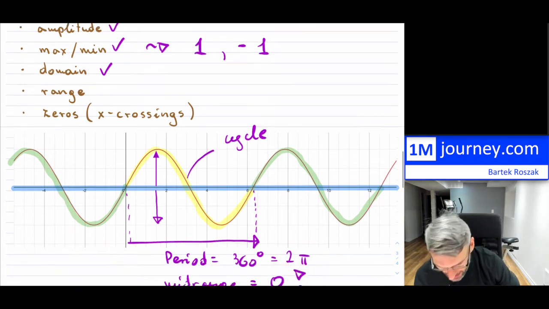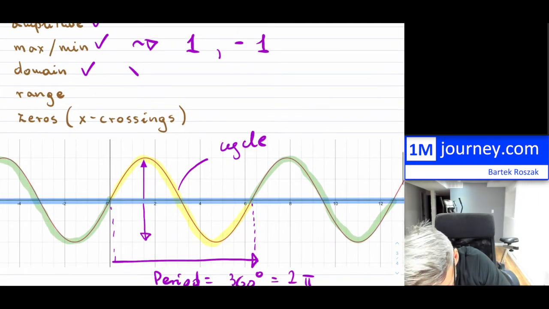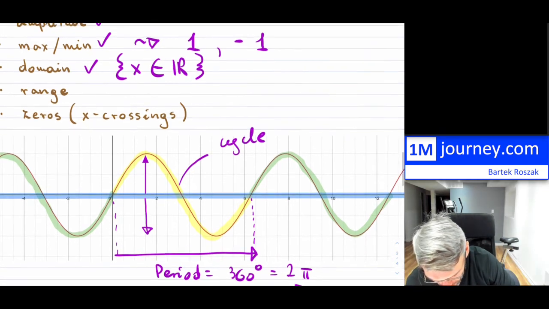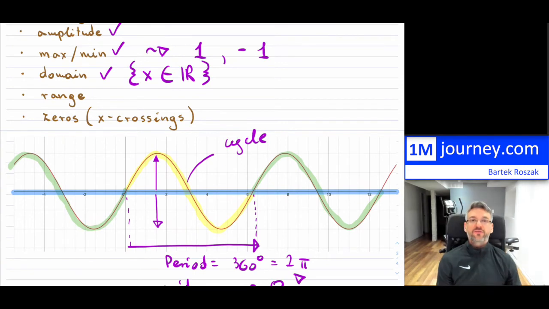But the domain is any real number. There are no restrictions at all on the domain for the sine. And in fact, the same thing happens for cosine. And you'll see that once you understand sine, cosine is just basically a shift. And I'll graph that for you in a moment as well.